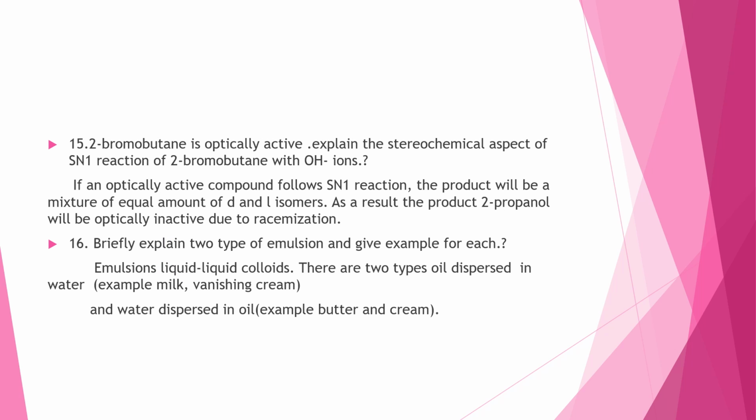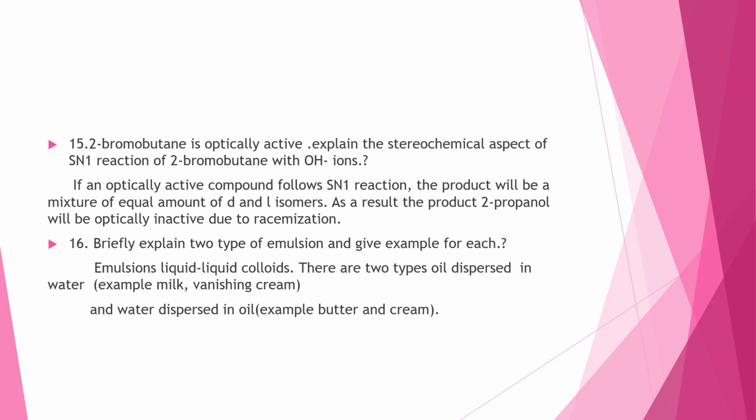Question number 15. 2-bromobutane is optically active. Explain the stereochemical aspect of the SN1 reaction of 2-bromobutane with OH minus ions. So it follows the SN1 mechanism. We know that during SN1 reaction, the first step is the formation of an alkyl carbocation. The second step is OH minus attacking the carbocation.